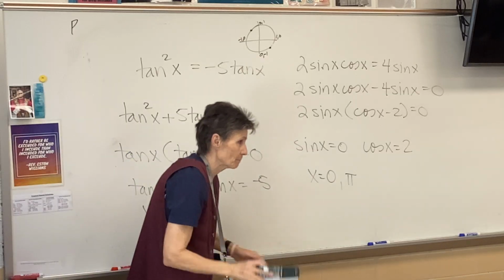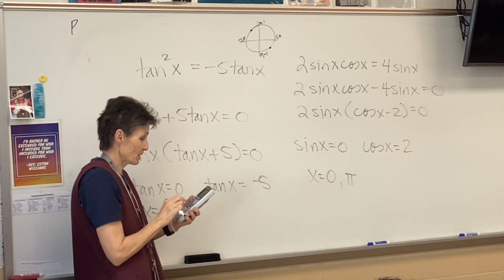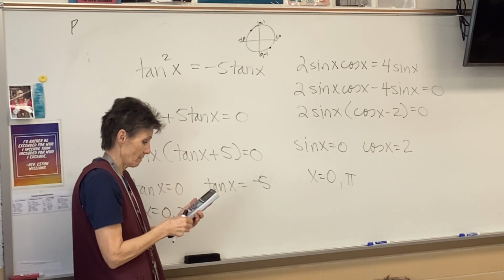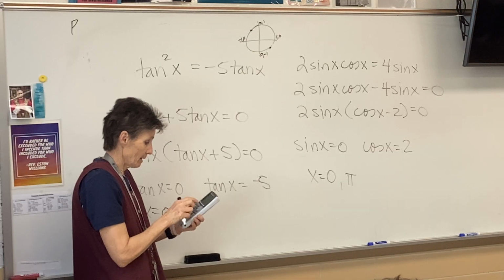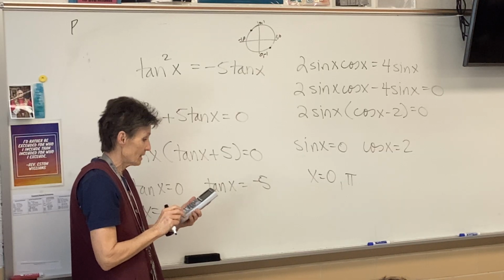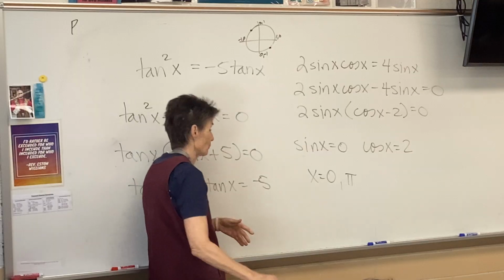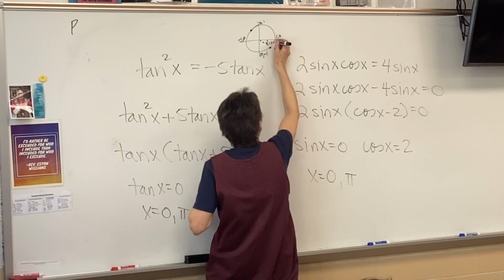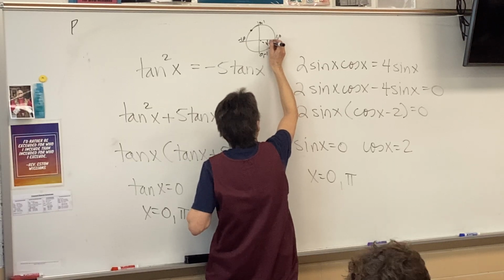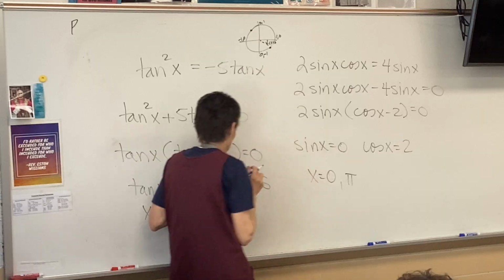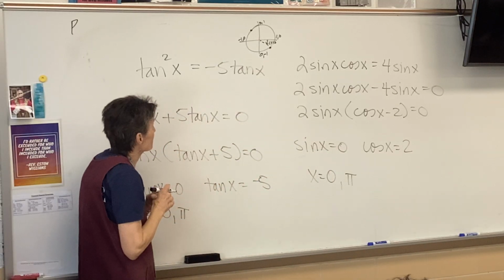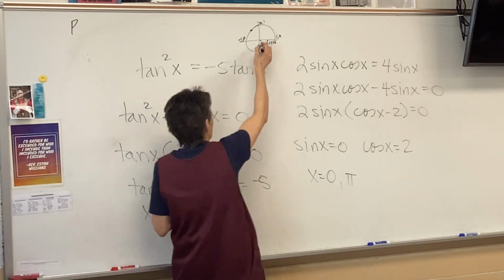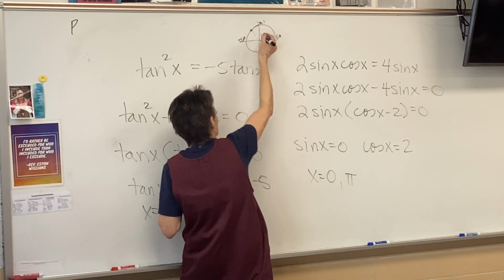I have no idea. So make sure I get radians. And the second tangent 5. And it's 1.373. So this right here is 1.373, which means that this is also 1.373.